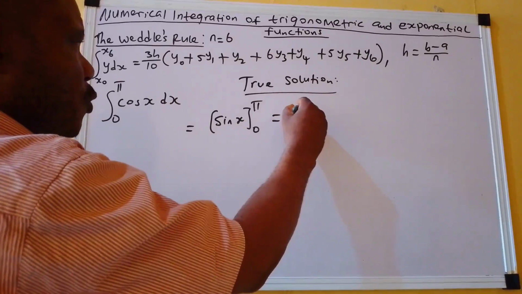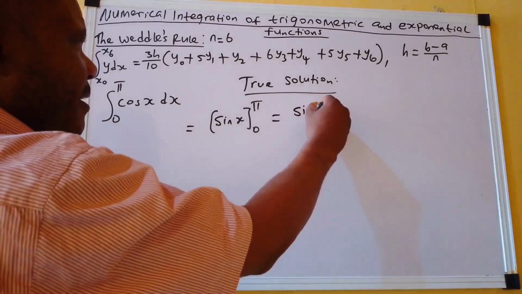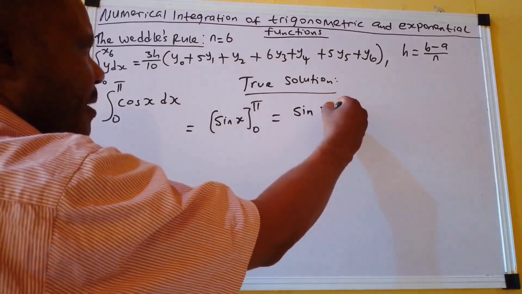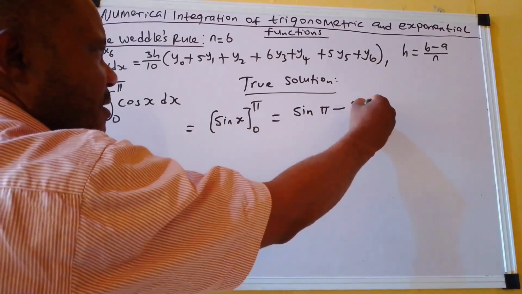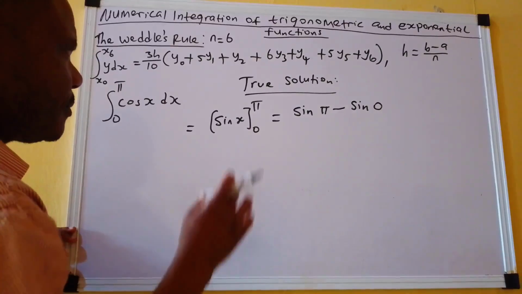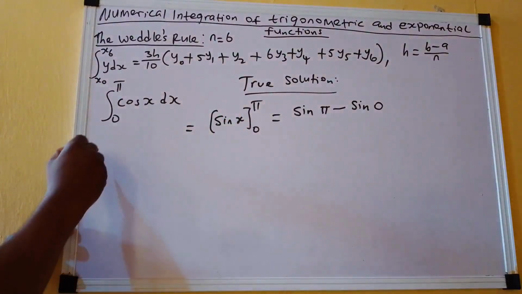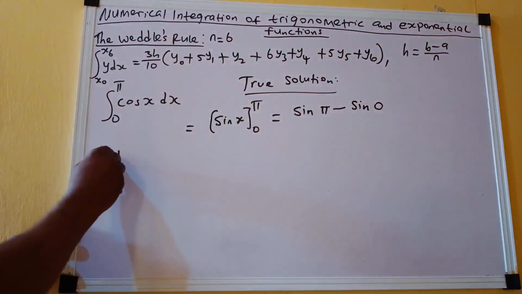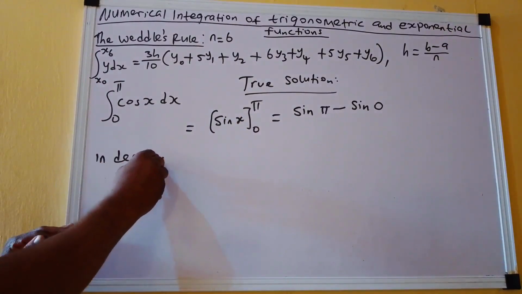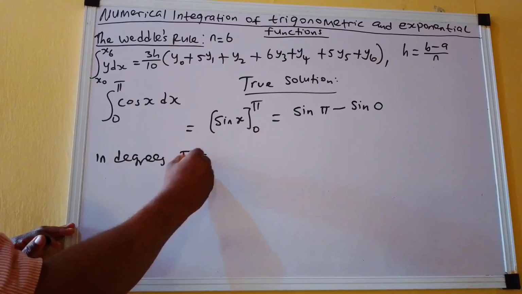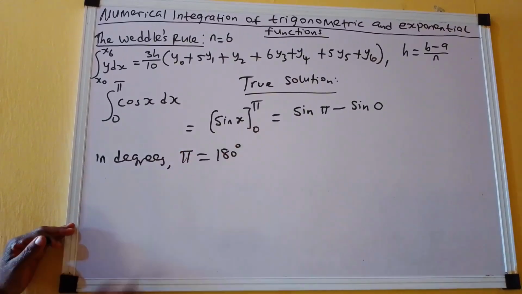Then this will be equal to sine pi minus sine 0. Please note, in degrees, pi is equal to 180 degrees.